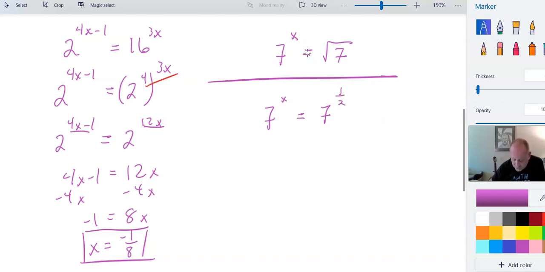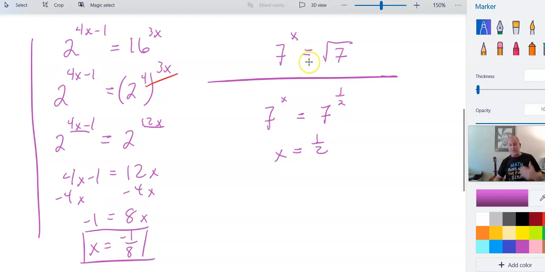And so roots, well, they become pretty quick to take care of. You just make sure you put a fractional exponent and then deal with it the same way we have been. X is equal to 1/2. That's it. Right, so a lot of these go really quick. Some of them take a little bit more work like this, right? But if you can find like bases, you can always solve the equation.